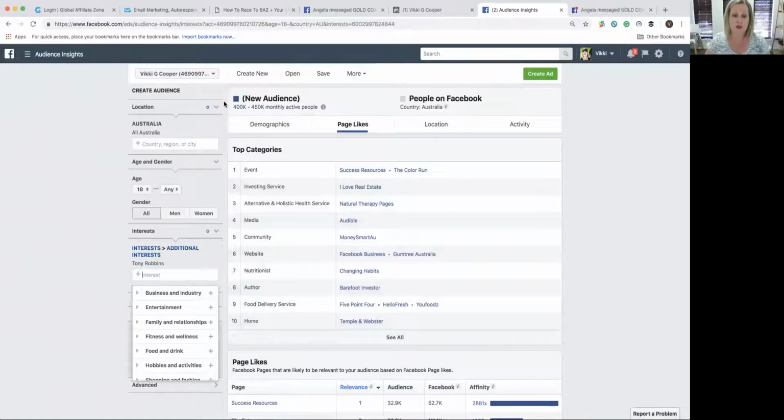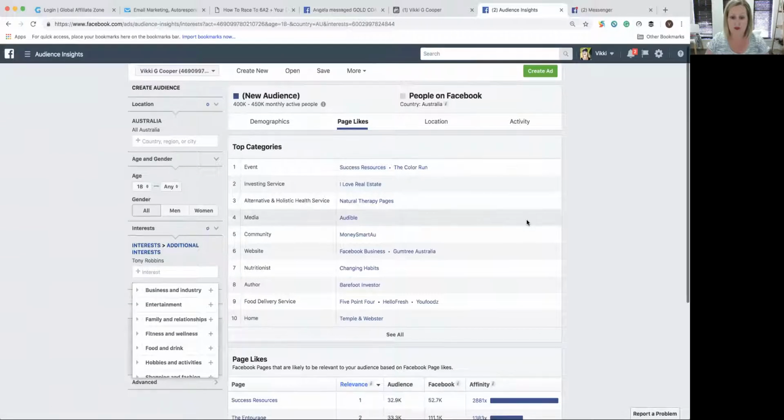So you can see up here the new audience number: for people who follow Tony Robbins, it's 400 to 450,000 monthly active people. So we have other categories like Success Resources, The Colour Run, Audible, stuff like the Barefoot Investor.